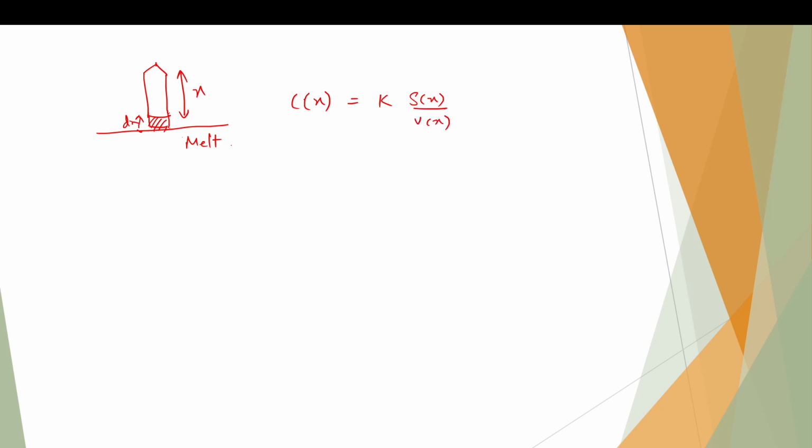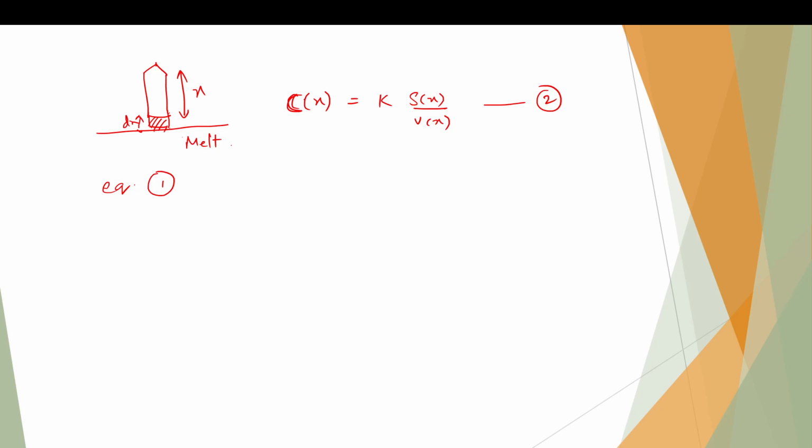So this is valid only for this portion. So we need to write the second equation only for the dx portion. This was equation 2 from the previous slide. So when we write equation 1, we should write that also only for this portion.